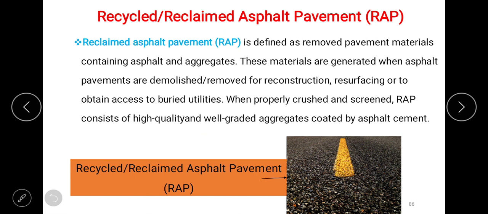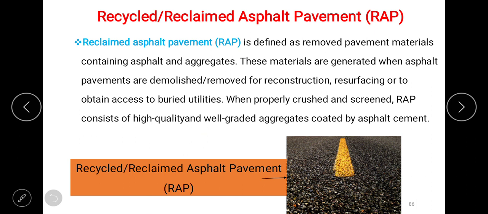So whatever we remove, we may call it demolition waste. As when a building is demolished, whatever waste is obtained can be reused, similarly here also it can be reused. That is the concept of recycled or reclaimed asphalt pavement.